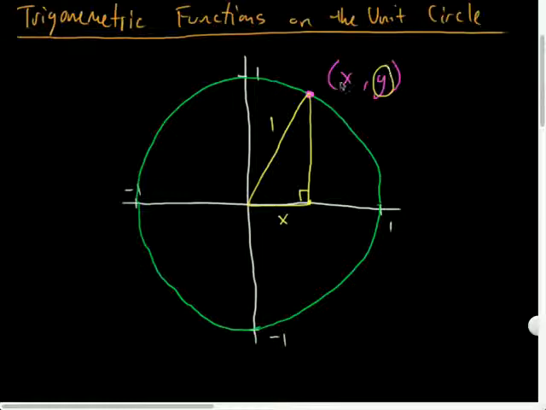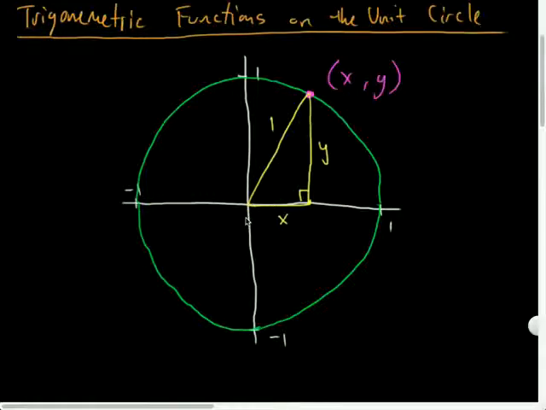It's y units high. This point was y units above, so it's going to be y units there. So with this technique, I can really interrelate circles and right triangles. There are a lot of other relationships between circles and right triangles, but we're specifically going to look at this.